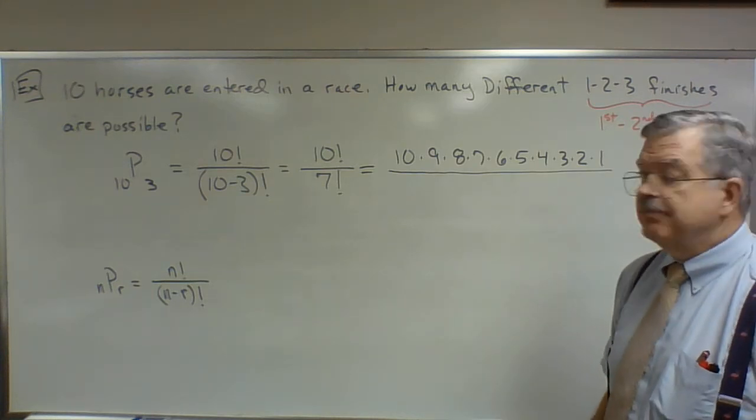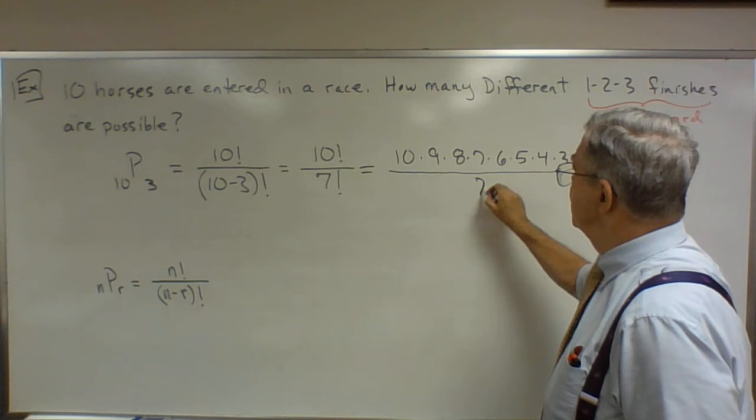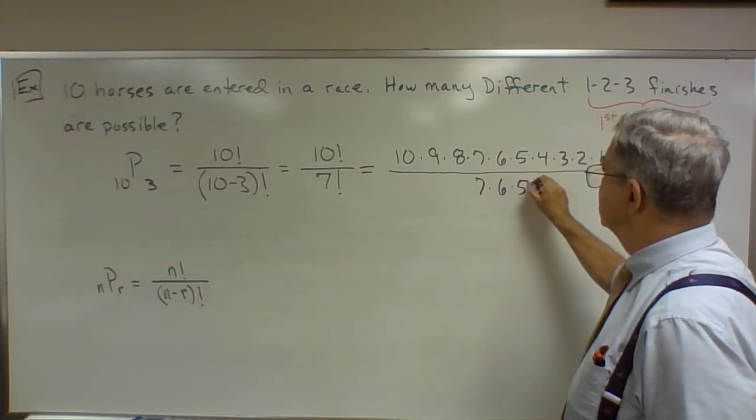Seven factorial is 7 times every whole number less than itself.